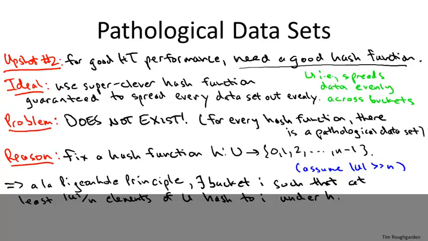So the way to see this is just to remember the picture of a hash function mapping, in principle, any key from the universe, all keys from the universe, to one of these buckets. So the hash function has to put each key somewhere in one of the n buckets, so one of the buckets has to have at least a 1 over n fraction of all of the possible keys.